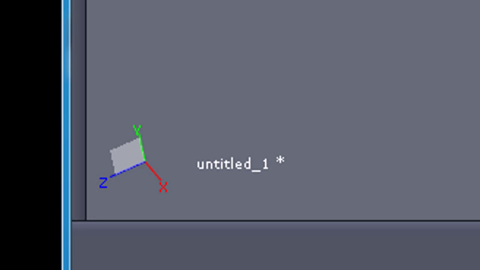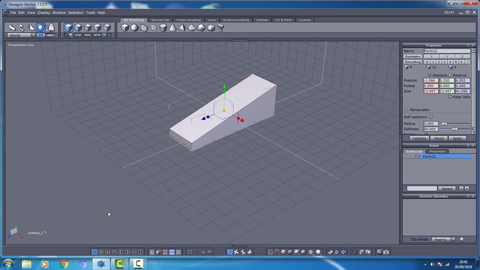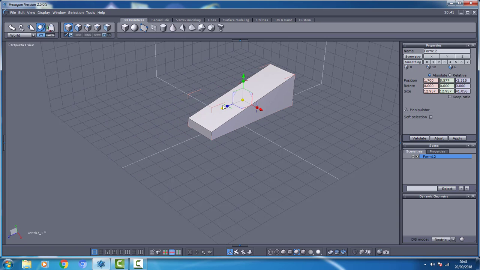So you could say, I'm going to move my character up in the Y direction so that his feet are on the floor. So that's the only technical thing that I'm going to tell you about. The gizmo down here tells you where you are orientated in 3D space and how you can move this left and right, up and down, forwards and backwards.